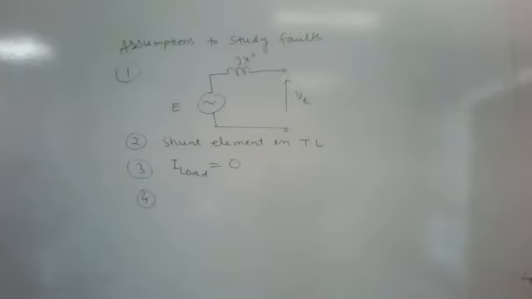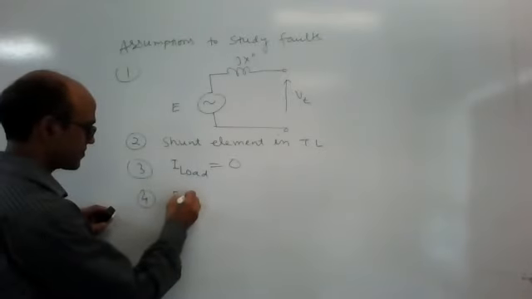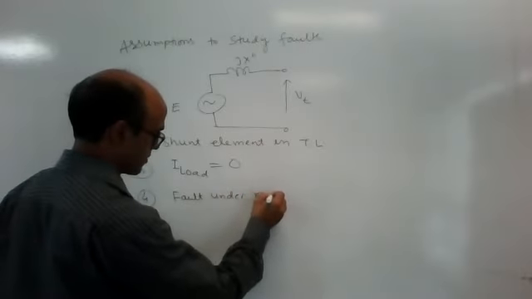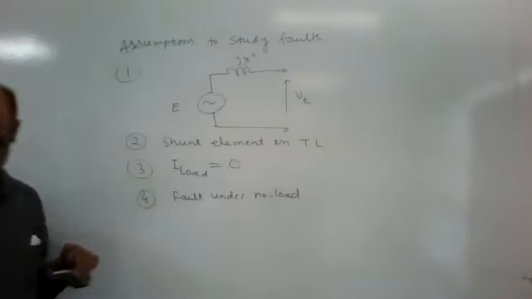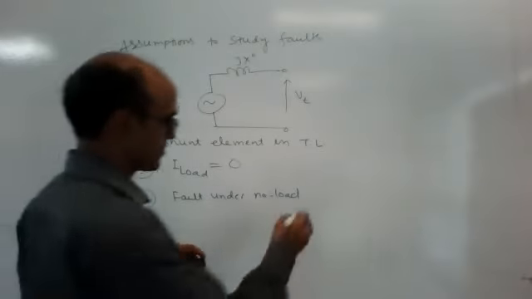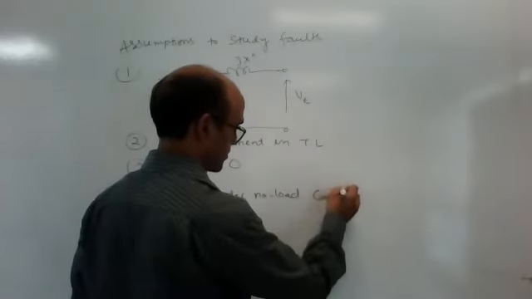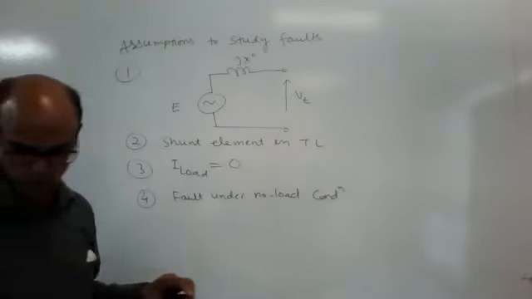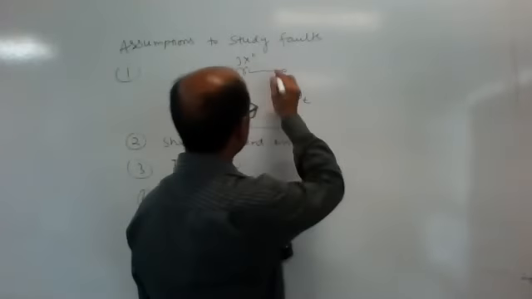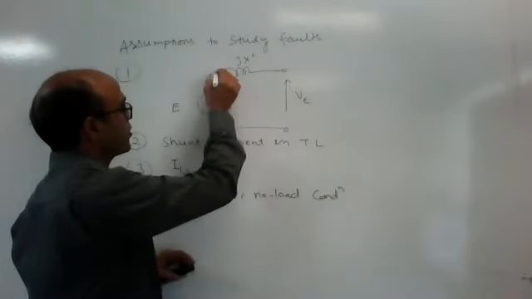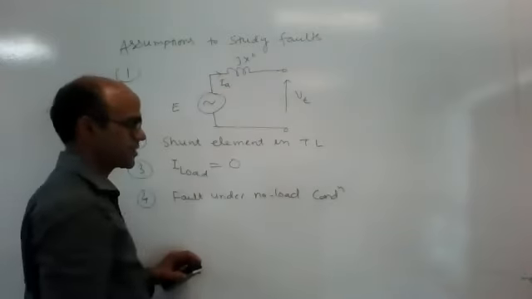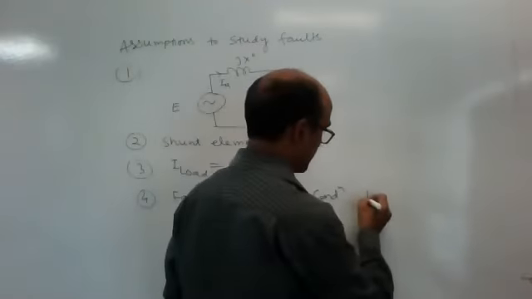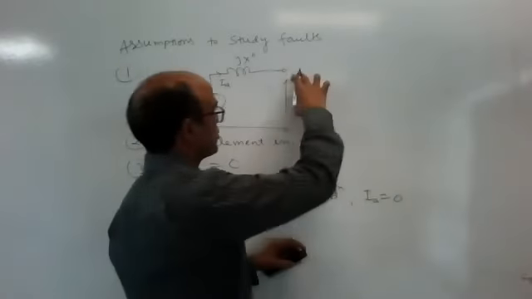For the no load condition we are assuming the armature current IA through which current will flow is 0, meaning this terminal is open circuit.